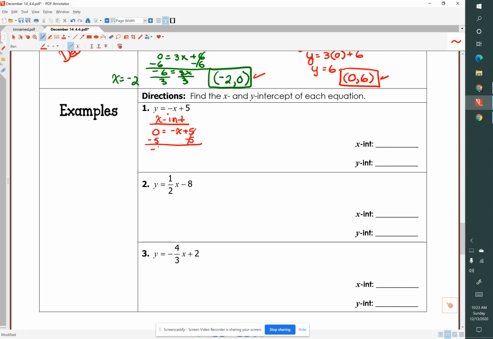And we have negative 5 equals negative x. We divide both sides by negative 1. And x equals 5. So our x-intercept is 5, 0. Now let's work with the y-intercept.